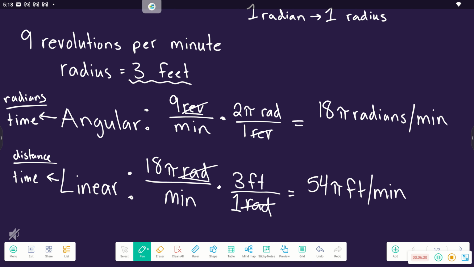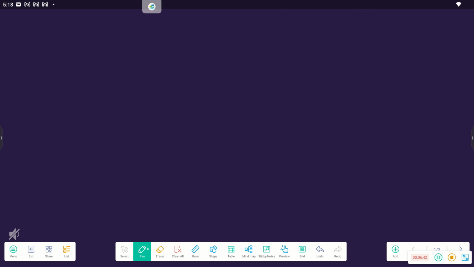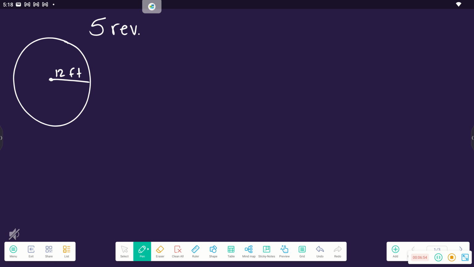Okay. This was a lot of steps. Now, sometimes it's not going to ask you for every little thing, so you have to read your problems carefully. For example, if I gave you this next one, I have a circle with a radius of 12 feet. That makes 5 revolutions every minute.